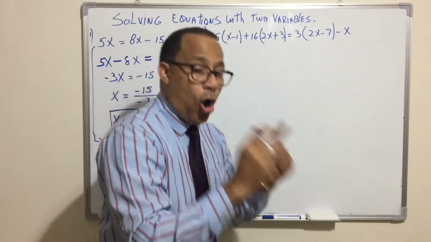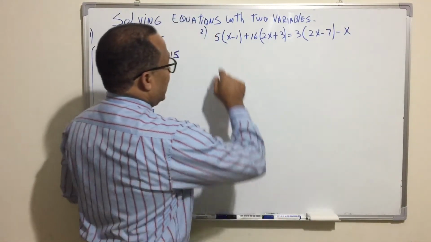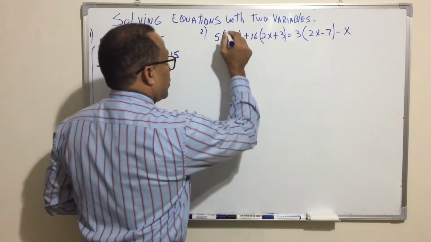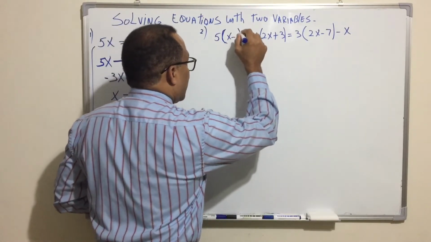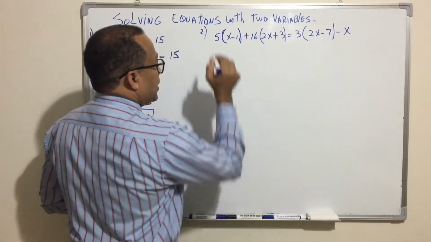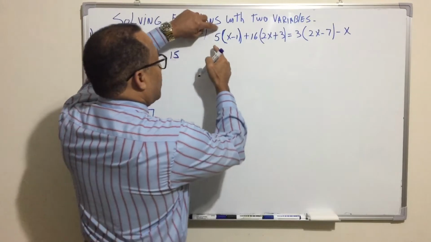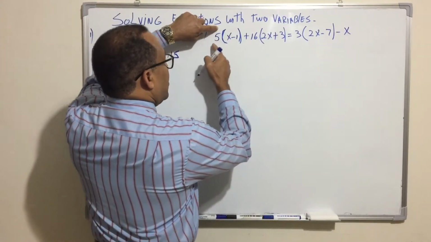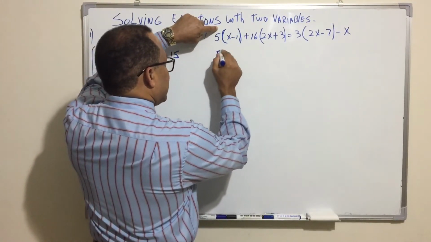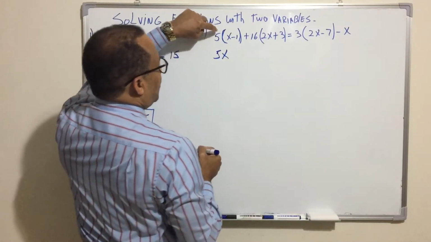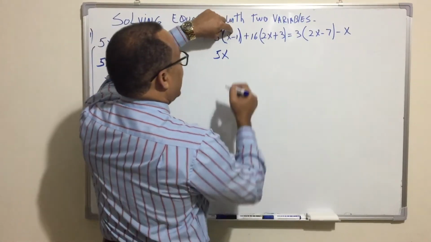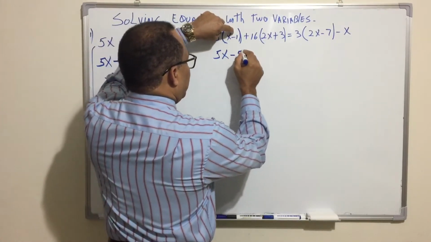And I said all of them. It means that I'll be multiplying, because here's the multiplication. The parenthesis means multiplication. It's telling you multiply the 5 times x. 5 times x equals 5x. 5 times negative 1 equals negative 5.